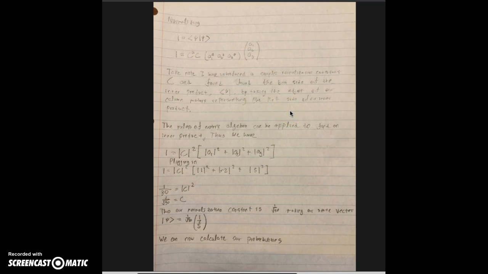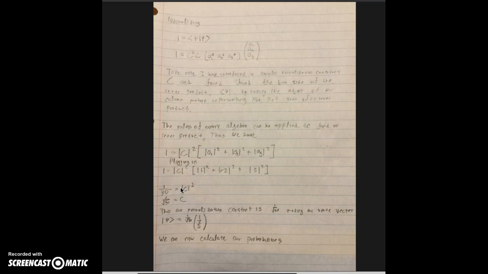So next, the rules of matrix algebra can be applied to find an inner product. Thus we have 1 equals the modulus of C squared times this. Plugging in our values for A1, A2, and A3, we get this, and we do some basic algebra, and we find our normalization constant is 1 over square root of 30.